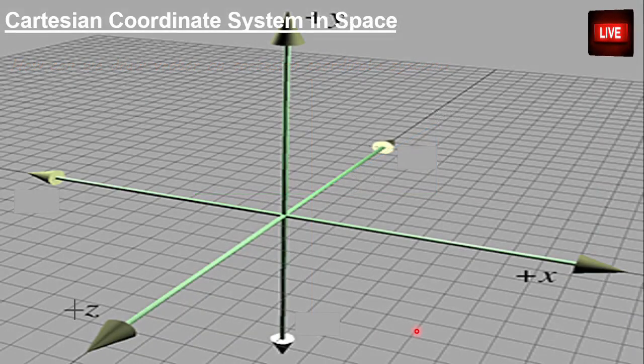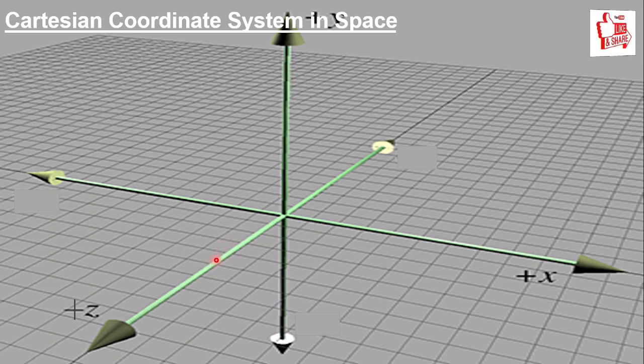Let's discuss Cartesian coordinates in space. Space means three dimensions or axes, each at right angles, say x, y, and the third is the z-axis, as you can see here. As the screen is a two-dimensional plane, I cannot draw the third dimension which is coming outward from the screen.